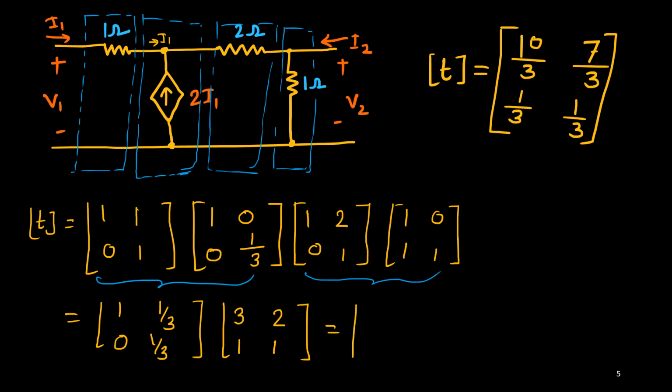Now again you multiply these two. So what you will get? So this is 1 into 3, 3 plus 1 third, and 3 plus 1 third is 10 by 3. Okay. It is 2 plus 1 third, and 2 plus 1 third is 7 by 3. Then 0 plus 1 third is 1 third. Then this one again 0 plus 1 third is 1 third.